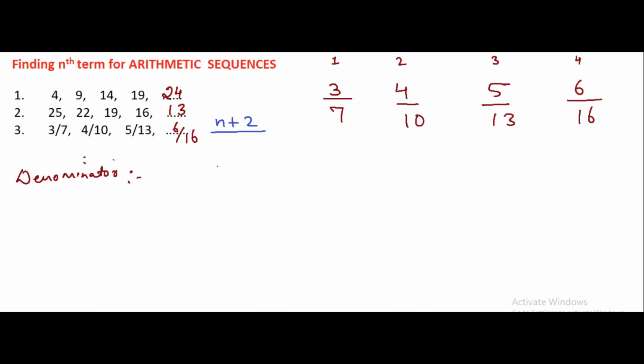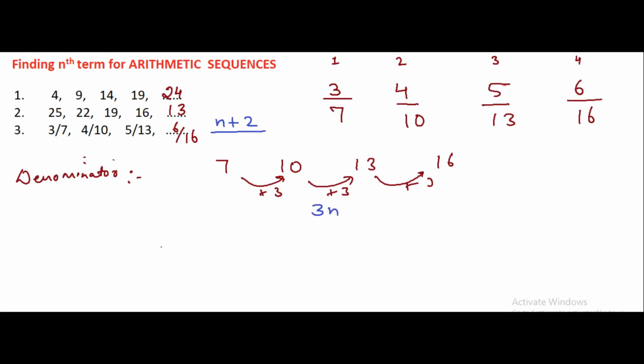Now the denominator. In the denominator we have the sequence 7, 10, 13, 16, and when you see the difference, it's plus 3 every time. So if it is plus 3, it will become 3n. So I'll make it 3n.